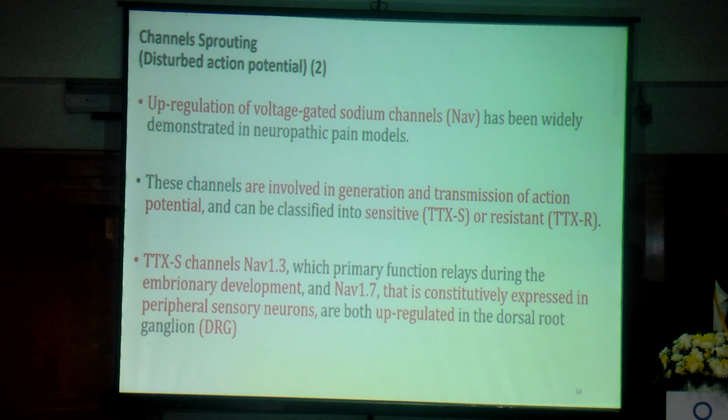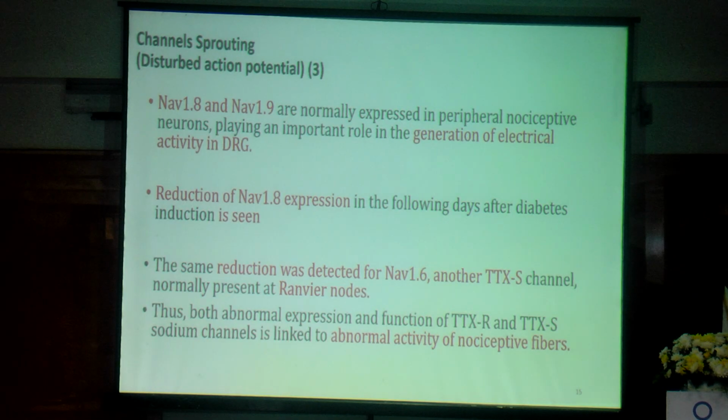The TTX-S channel NaV 1.3 primarily functions during embryonic development, and NaV 1.7 is constitutively expressed in the peripheral sensory neurons; both are upregulated in the dorsal root ganglion. And of course, NaV 1.8 and 1.9 are also there.